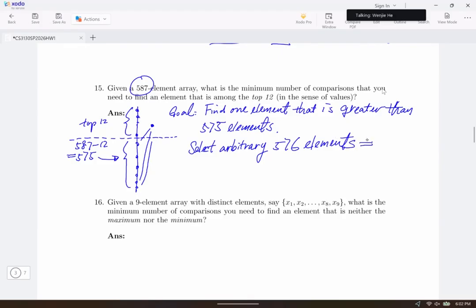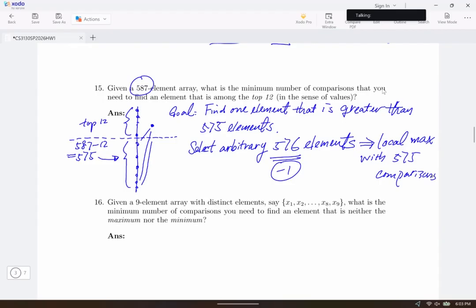And find, in these 576, because that's a subset of the original set, the local maximum with 575 comparisons. So we have that formula, n minus 1 comparisons.